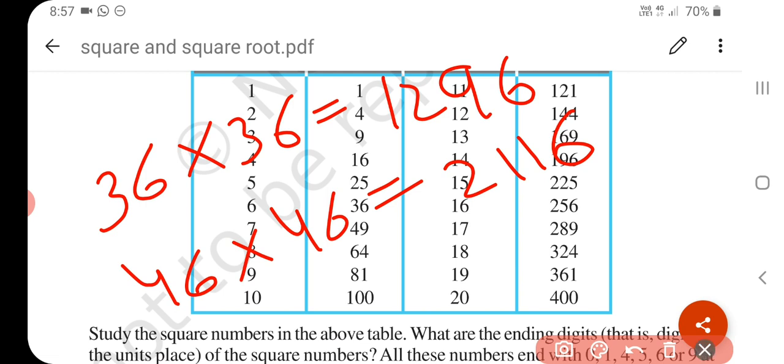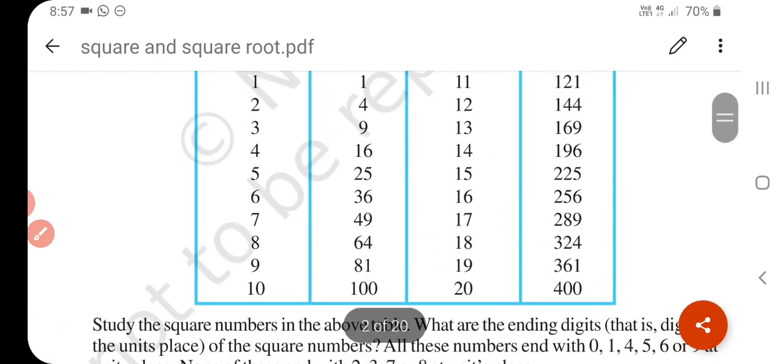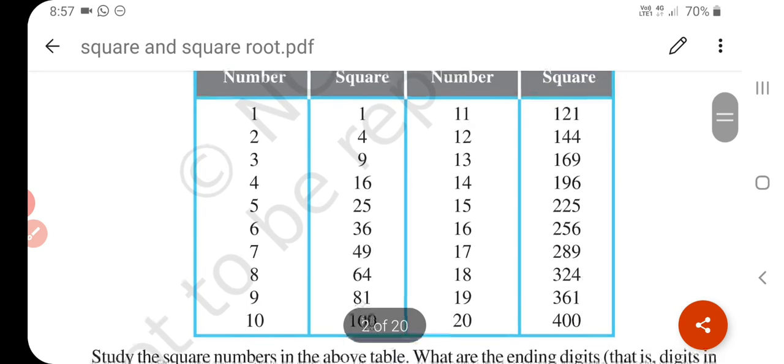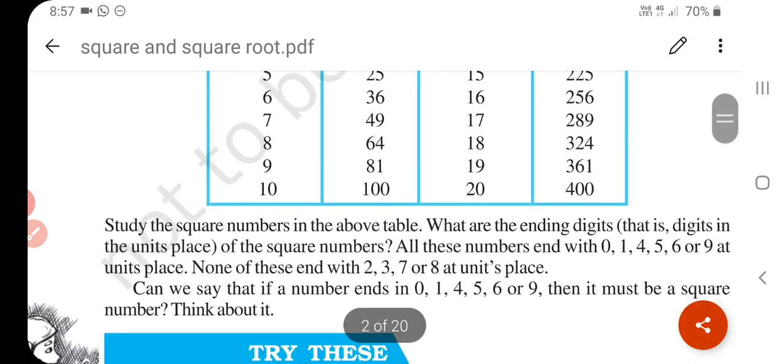First of all, see the number. If you have to square any number, the square number always ends with 0, 1, 4, 9, 6 or 5.